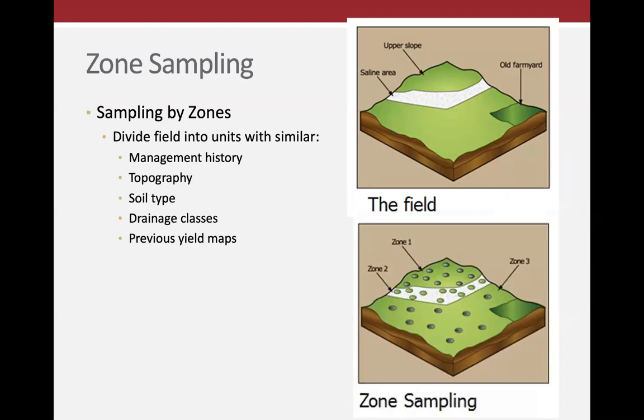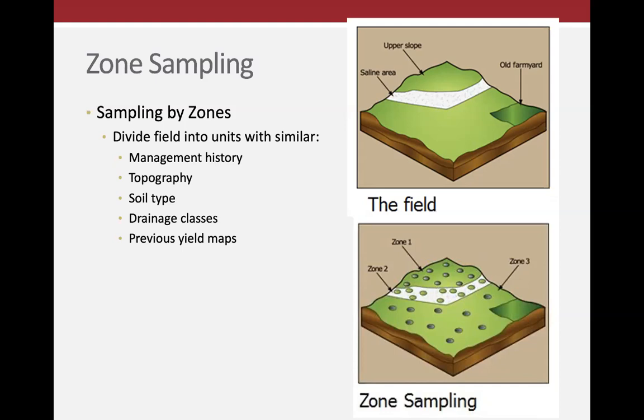We can divide fields into small, similar subunits based on things like how it's historically been managed, what the topography is, the slopes and the aspects, the soil type, if we've got soil maps, the drainage classes, whether part of the field is systematically tiled and part of it's not, or using yield maps, which is a very common approach, looking at higher yielding areas of the field versus lower yielding, and essentially breaking up the field into multiple subunits from that.